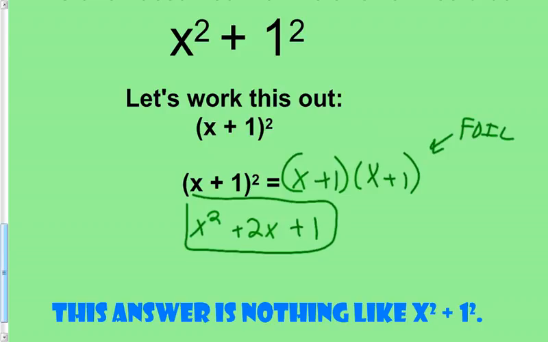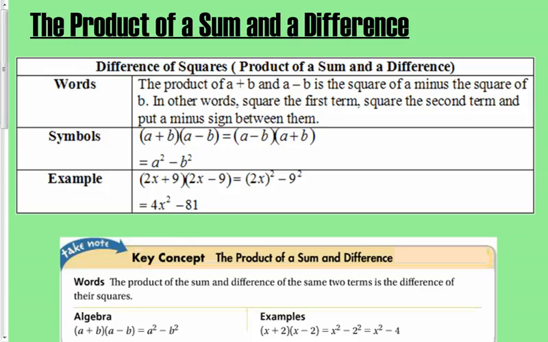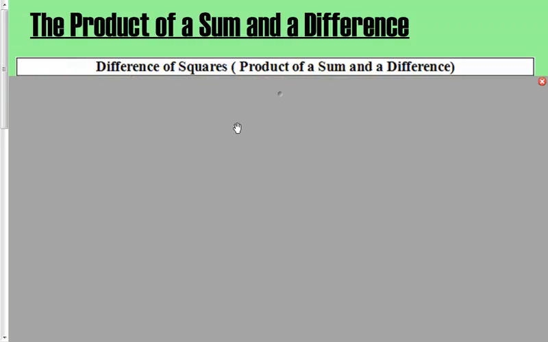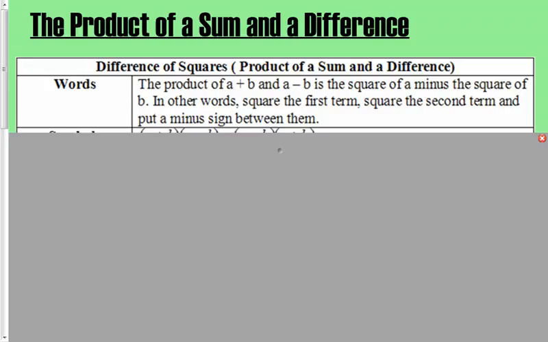All right? Now, similar to this, but slightly different, is when you multiply a sum and a difference. So we're going to multiply a sum and a difference, and here's an example in words.